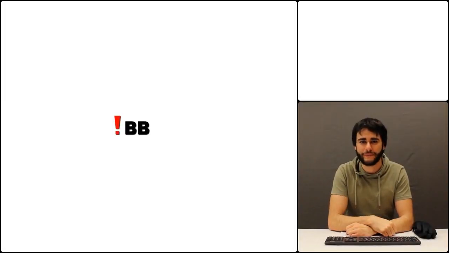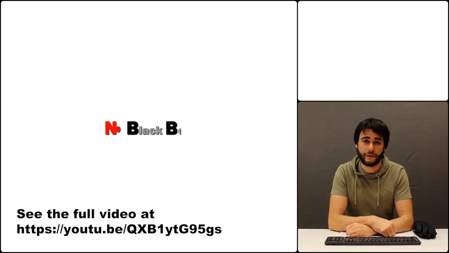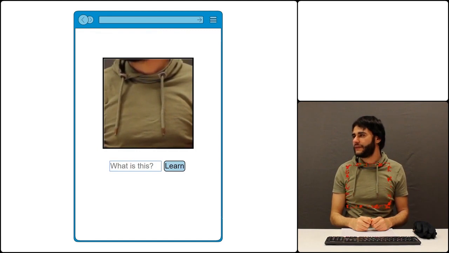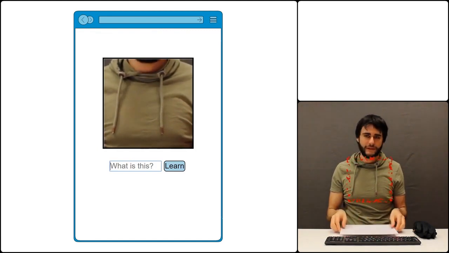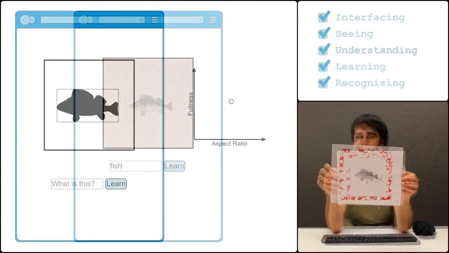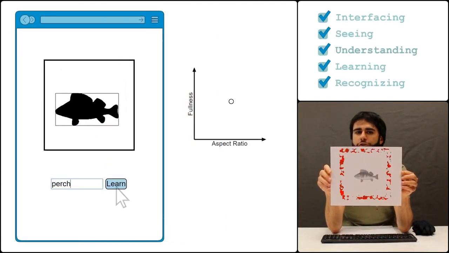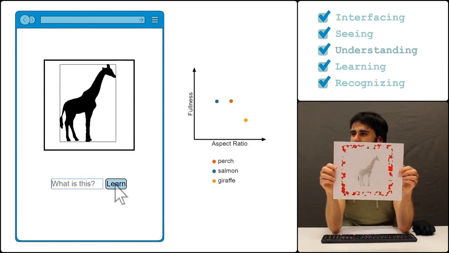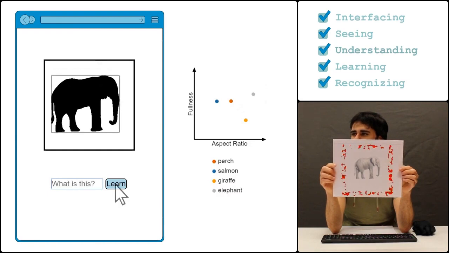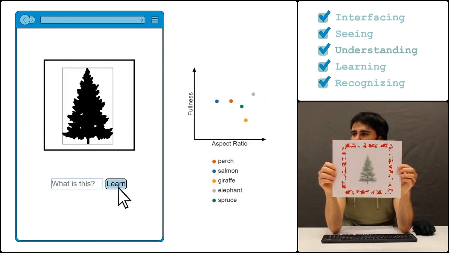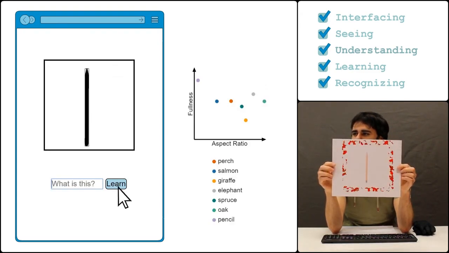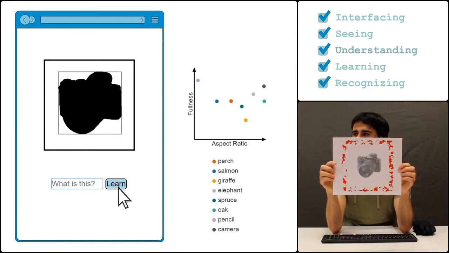Hi and welcome to NoBB, where we build apps without using any black box components and study all the parts that make them work. Today we're going to use the camera and build a web app that learns to recognize different objects. We'll first have to teach it things like this is a perch, this is a salmon, this is a giraffe, this is an elephant, this is a spruce, this is an oak, this is a pencil, this is a camera.